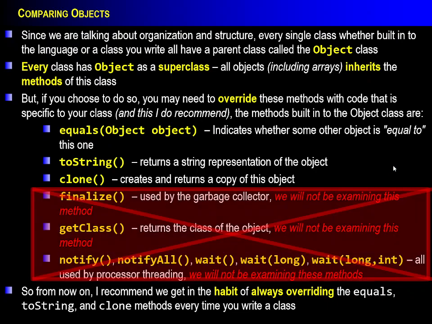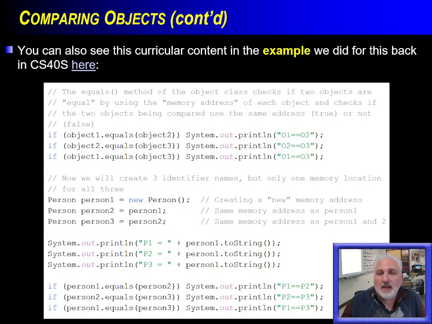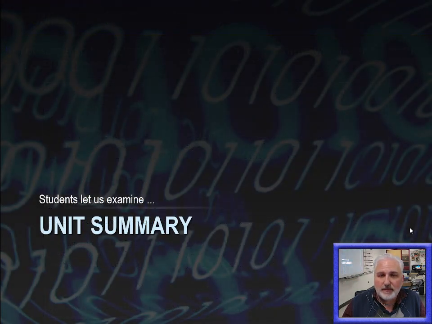For example, the string class overrides that equals method, and in our example that we wrote in the 40S course, we overrode the equals method of, for example, the person class and things like that. You can find that content in various places in our various examples in the 40S course.